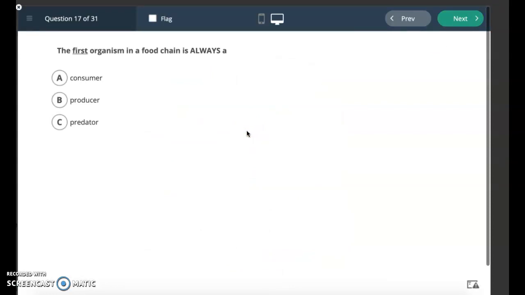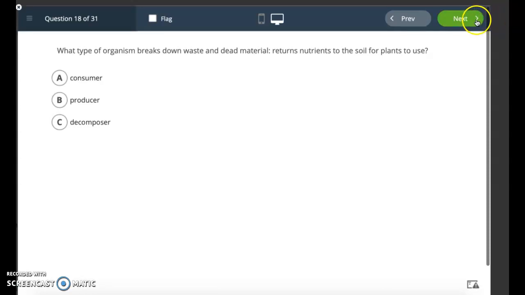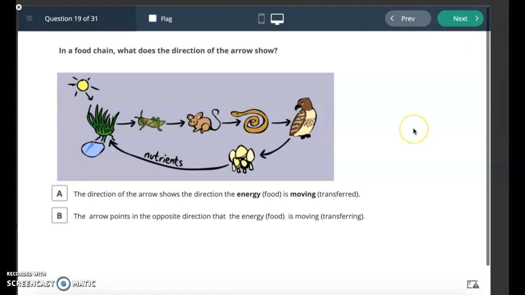17. The first organism in a food chain is always A, consumer, B, producer, C, predator. 18. Which type of organism breaks down waste and dead material, returns nutrients to the soil for plants to use? A, consumer, B, producer, C, decomposer. 19.